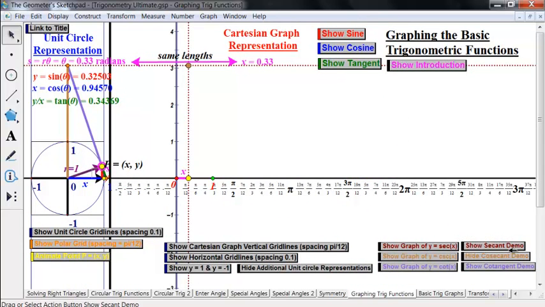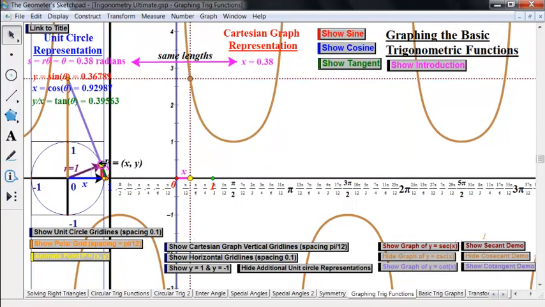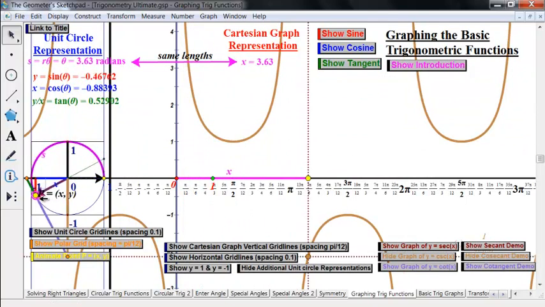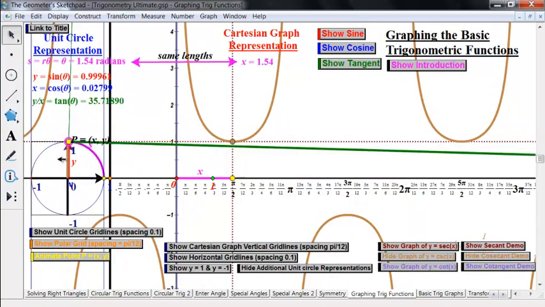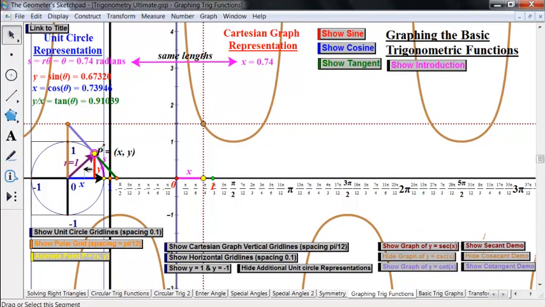So let's trace that out, and let's see what the whole graph looks like. And we see that this is tracing out as we go here. And so this is what the cosecant graph is going to look like.